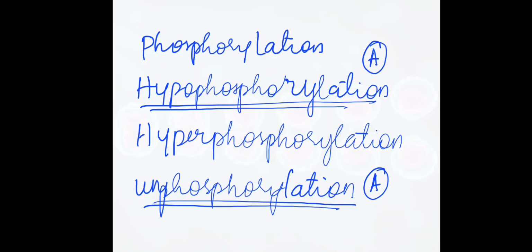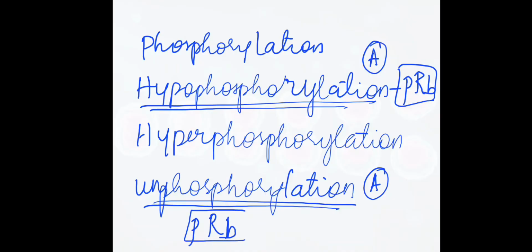Unphosphorylated or hypophosphorylated forms of pRB protein are active.